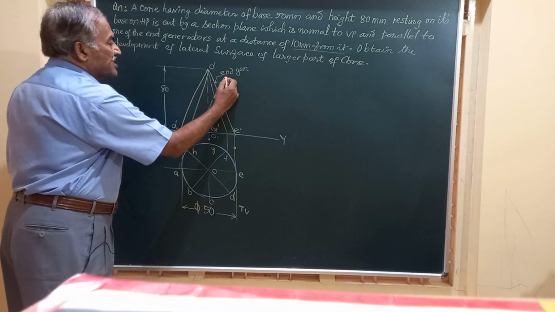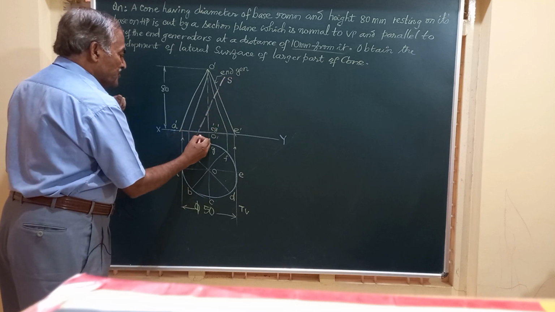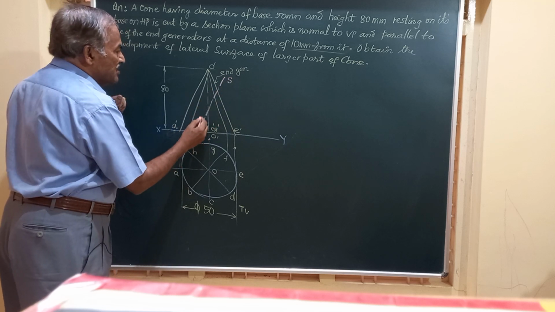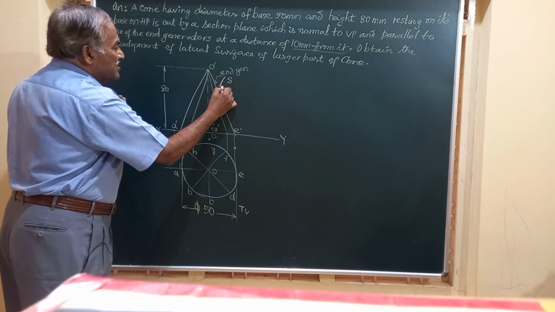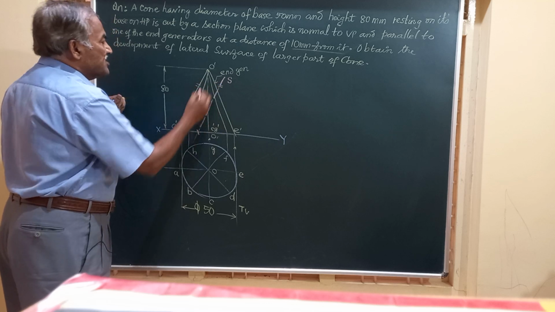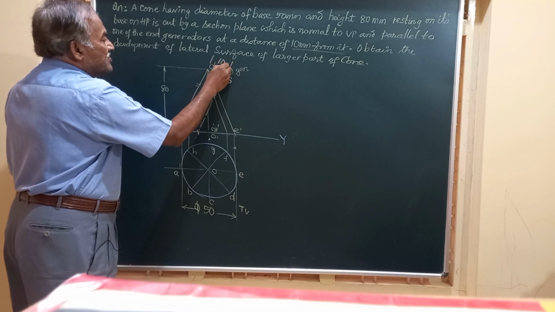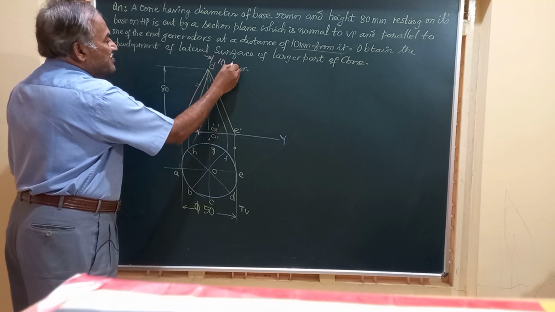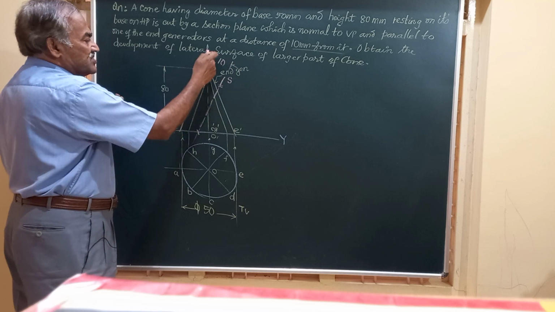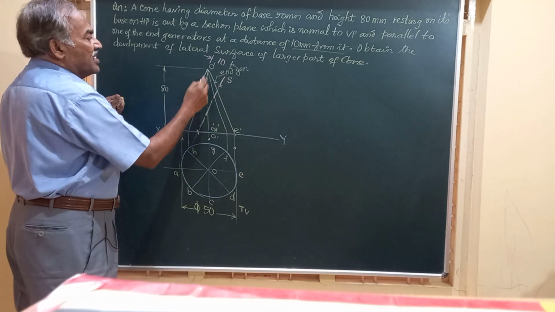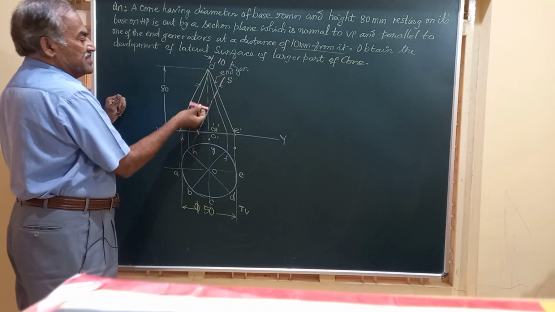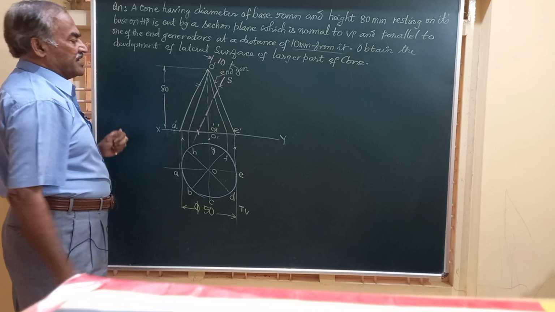Say this is the section plane SS, which is cutting this solid, and this is parallel to this, and this distance is given to be 10 mm. Remember friends, this is the distance between the parallel lines, generator and the section plane, and hence it should be a perpendicular distance like this, not at an angle.